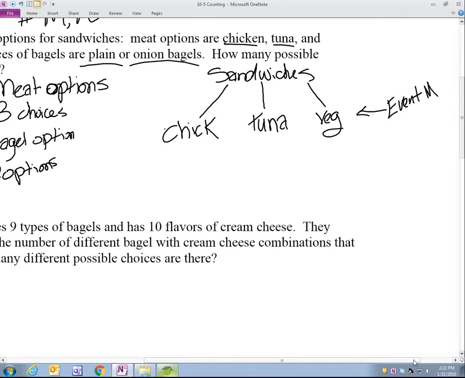There are 2 choices. So I have 2 choices here. I have plain or onion. But what about the tuna? How many choices do I have if I wanted the tuna sandwich with a bagel? 2. Okay. Schneider, what do you think? 2. There are 2 of them also. All right, all right.